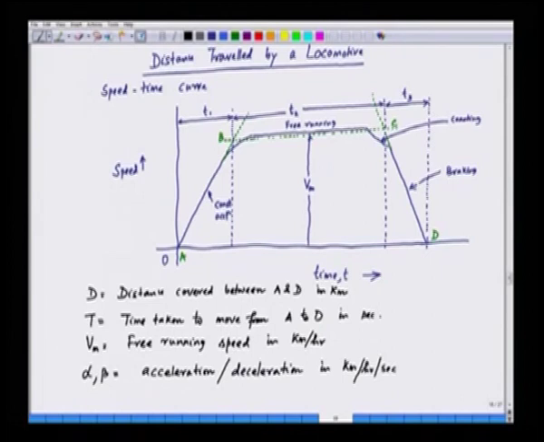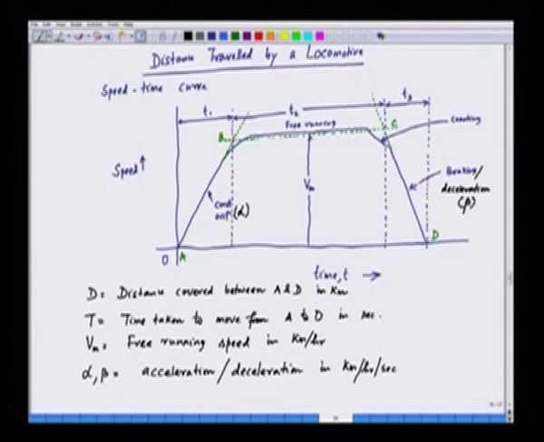So, acceleration is constant acceleration. So, we can say that acceleration is alpha here, and braking or deceleration, the rate of deceleration, is beta.